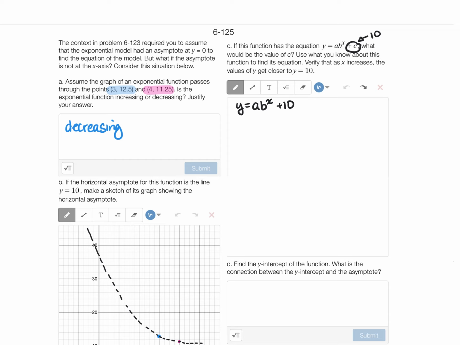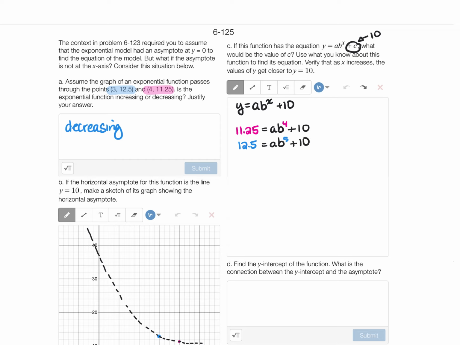We can plug in (3, 12.5) and (4, 11.25). And just like before, I'm going to do the 4, 11.25 first. So I have 11.25 equals AB to the 4th power plus 10. And then I have 12.5 equals AB to the 3rd power plus 10.